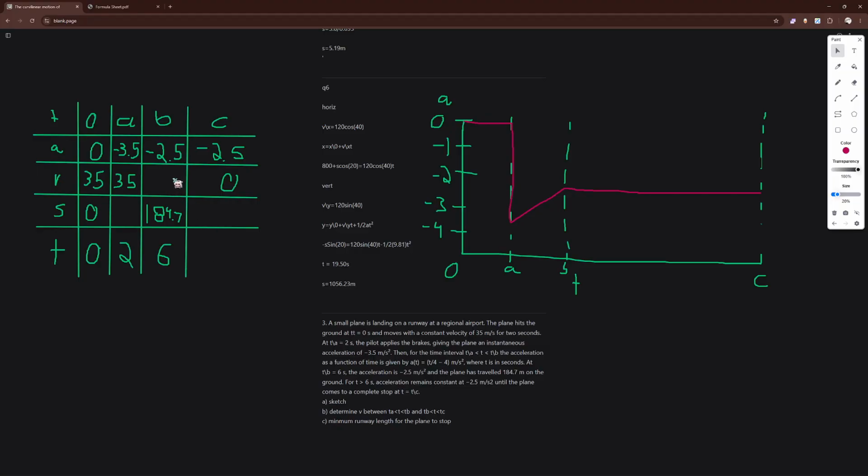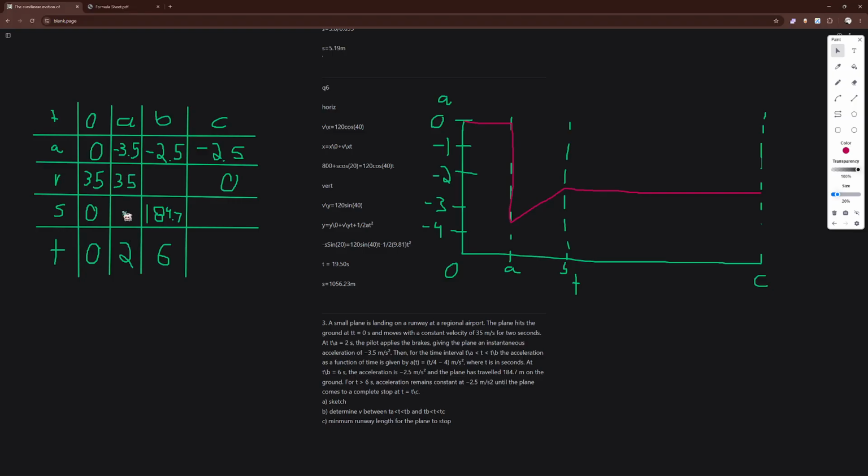I meant to say that we need to find these values using kinematics. So we need to calculate these values.